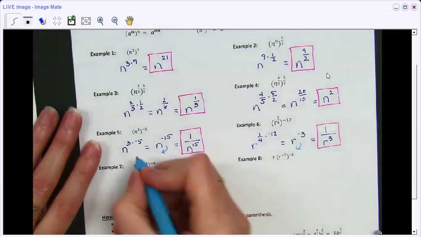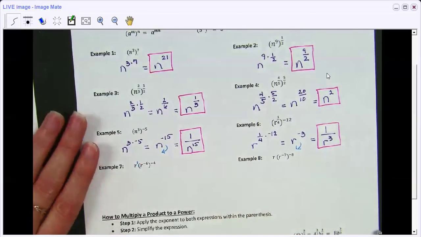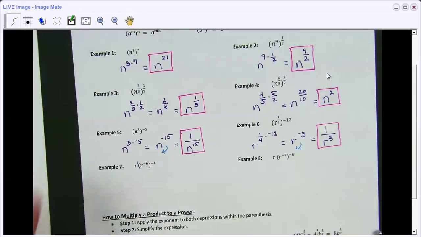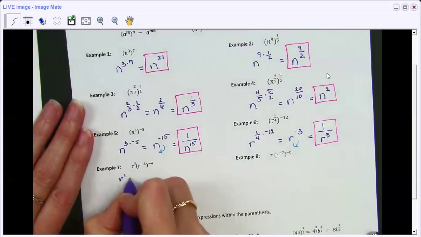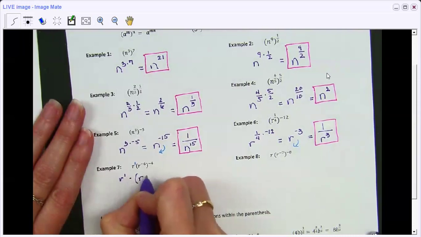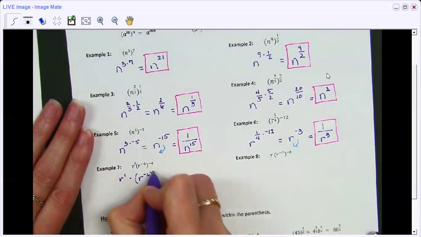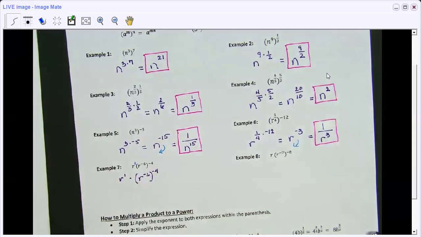Okay, now I want you to look at this one. I'm going to rewrite this. r to the power of 1 times r to the power of -6 raised to the power of -4. Following order of operations, we do our exponents first.